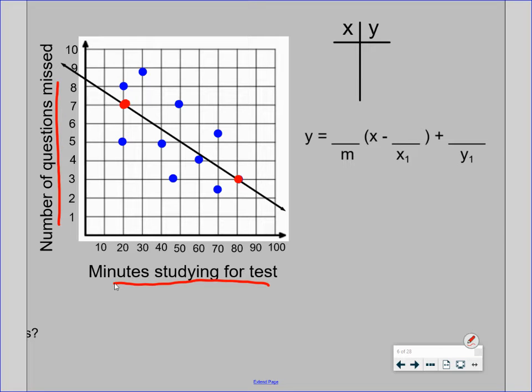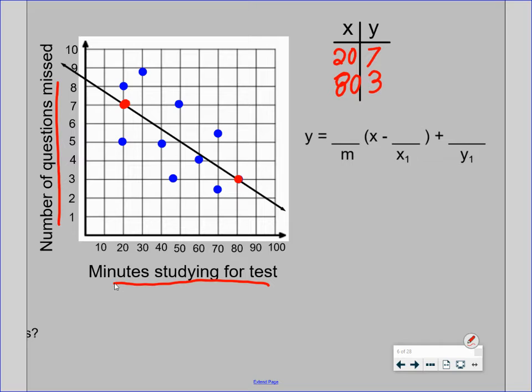This is 20 as our X value, 20 minutes, and then there were 7 questions missed for only studying 20 minutes. And over here, somebody who studied 80 minutes, there were only 3 questions missed.